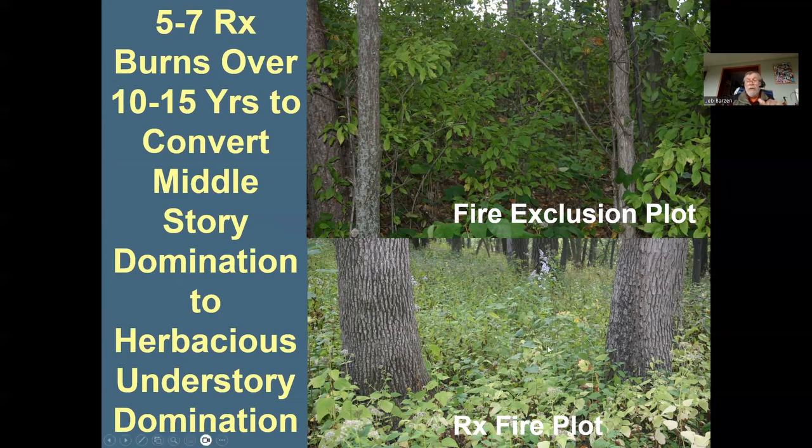But importantly, it takes 10 to 15 years to go from this to this. It is not a one fire kind of solution. This is basically 5 to 7 fires over 10 to 15 years to create this sort of effect. So these activities are not one-shot affairs. They require the commitment and the time to accomplish the kinds of results that we're looking for.